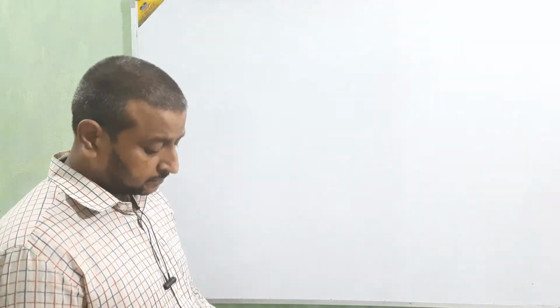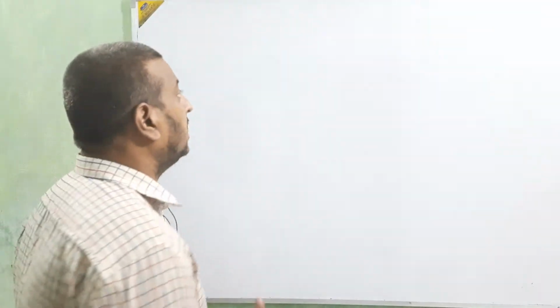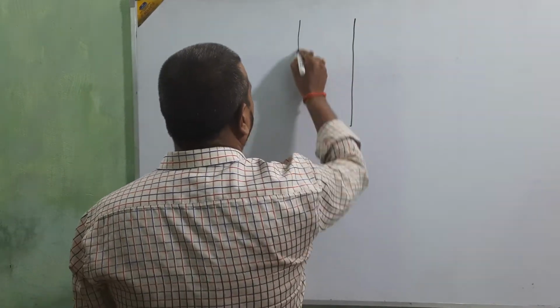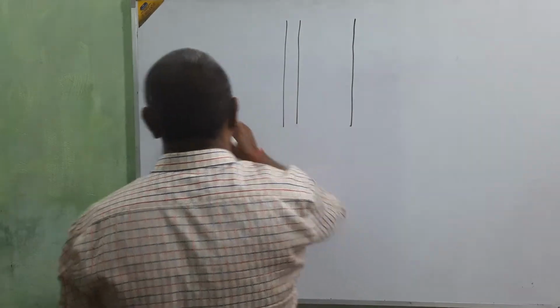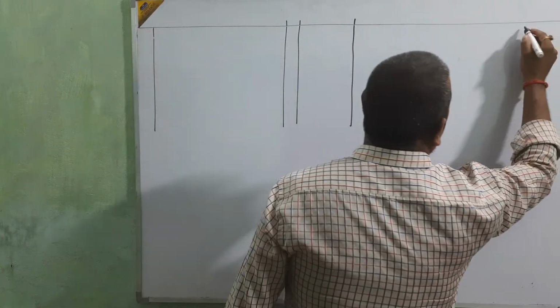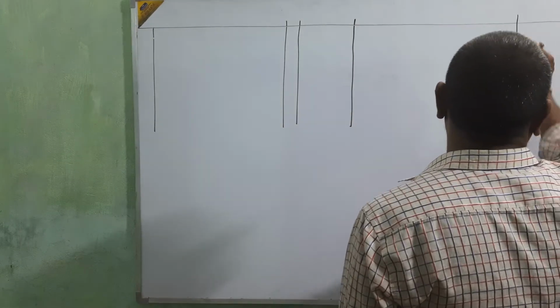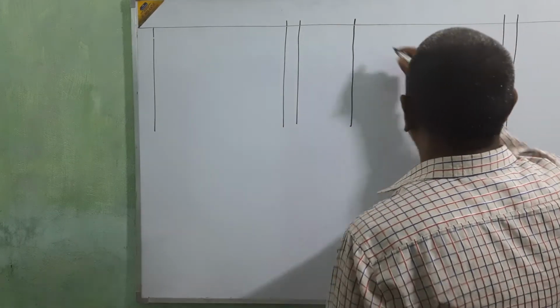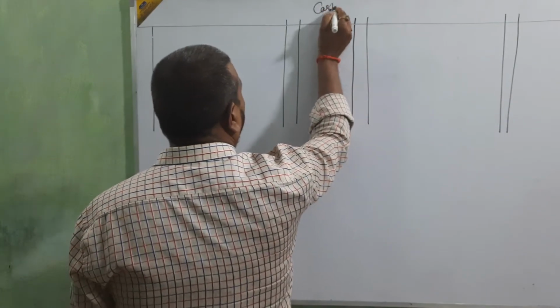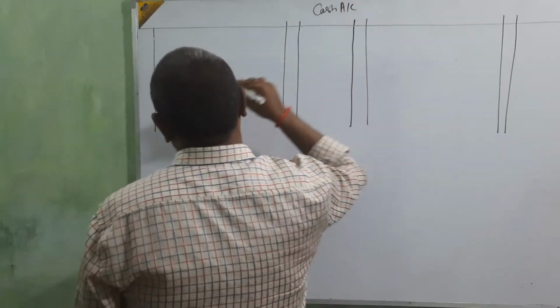Okay, beta. First we are going to see the pro forma of the ledger. Just see, this is the pro forma of the ledger. Cash account.